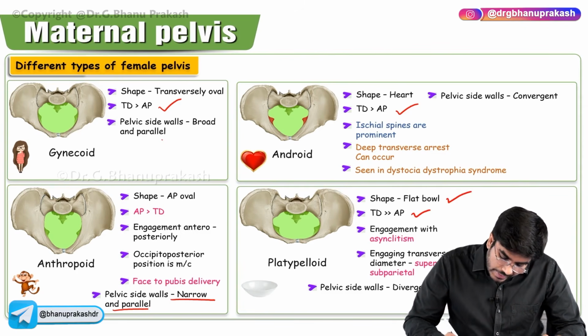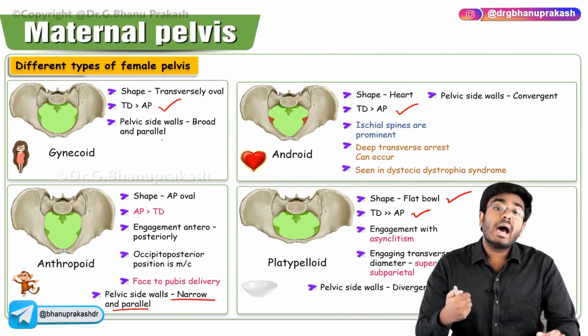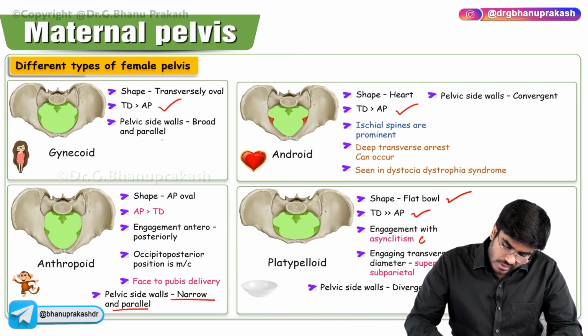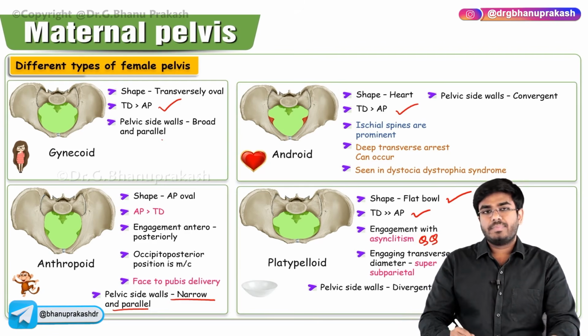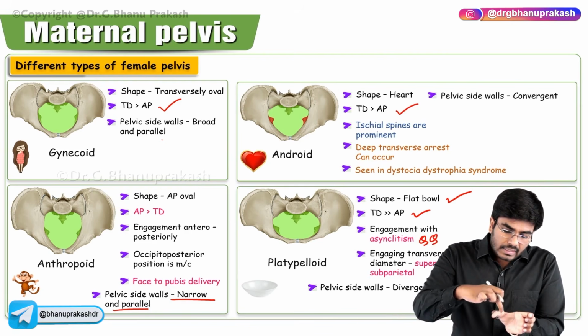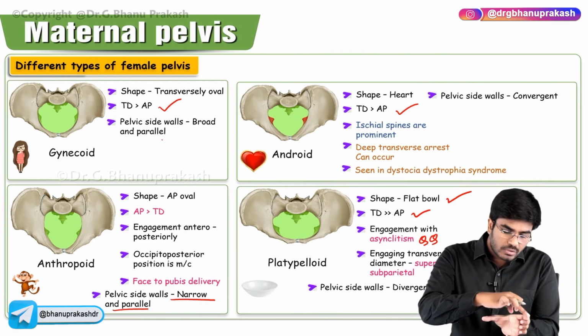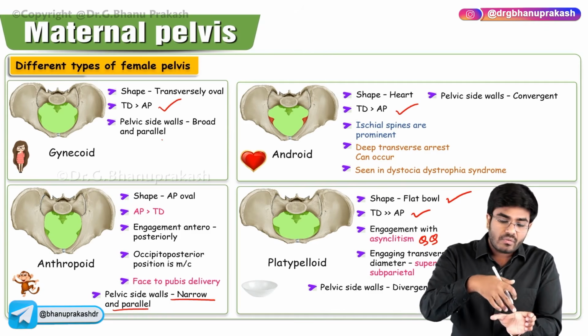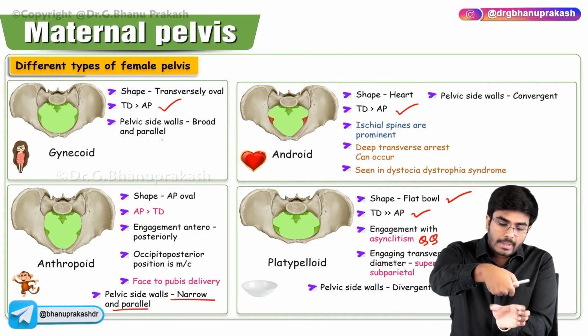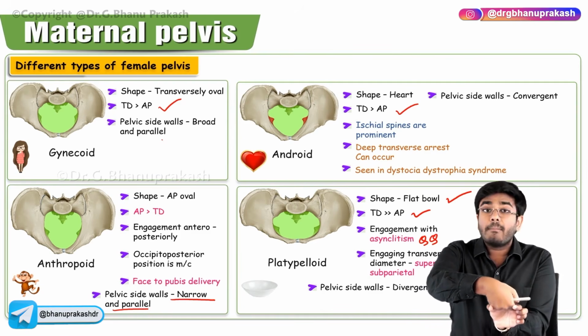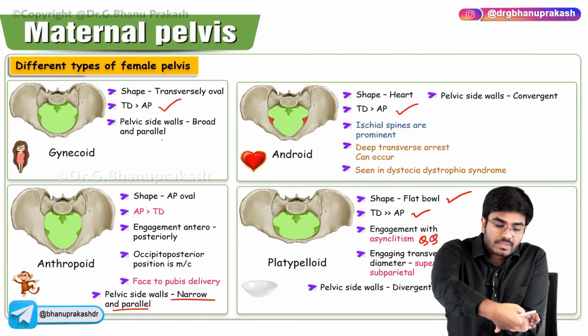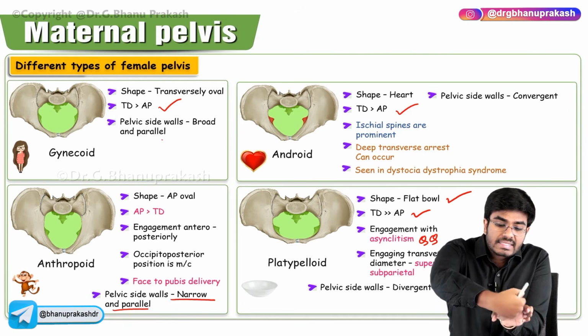Now, engagement happens with marked asynclitism. What do I mean by marked asynclitism? See guys, the transverse diameters are much greater than the antero-posterior diameters, so there is so much space for the head to engage. In a normal pelvis, the head is going to exactly fit into the inlet. But now there is so much space that the head can easily tilt.